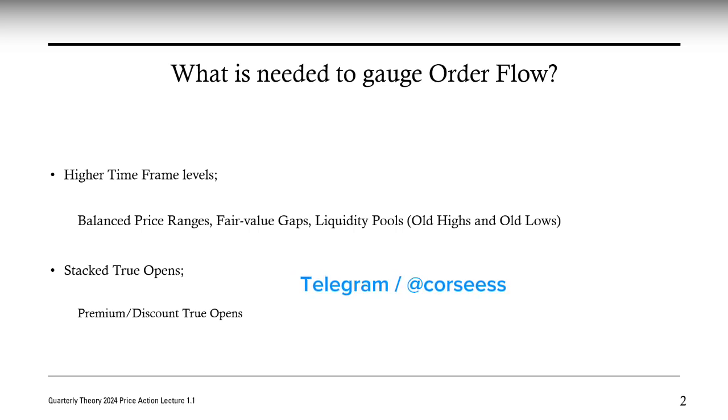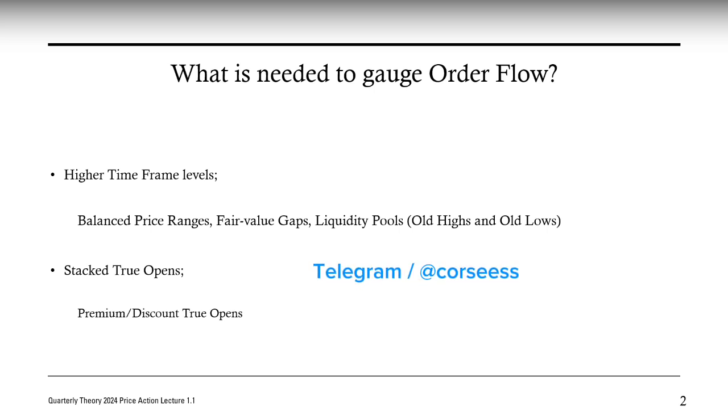I have listed these in the order of importance. So balanced price ranges will hold price better than fair value gaps, and fair value gaps are better to use than liquidity pools, right?